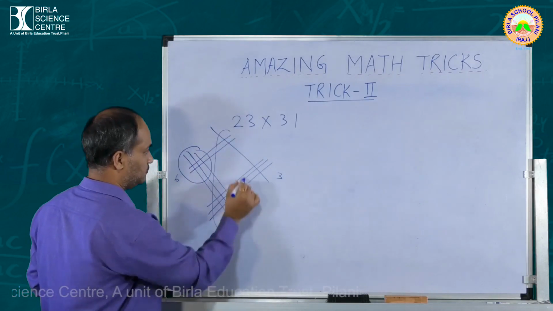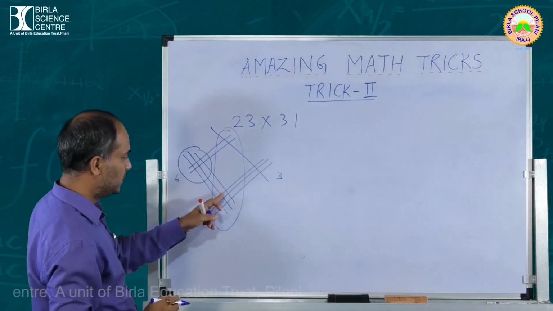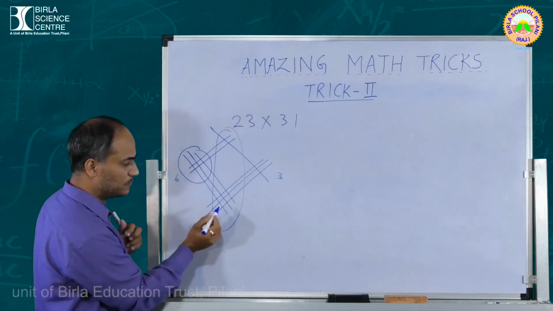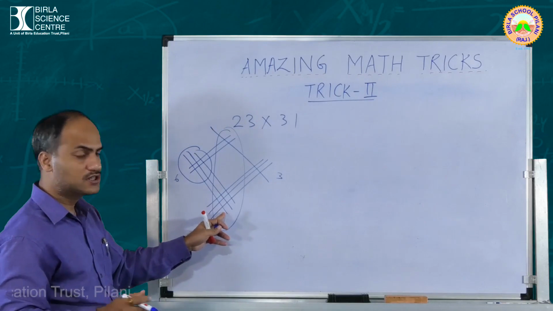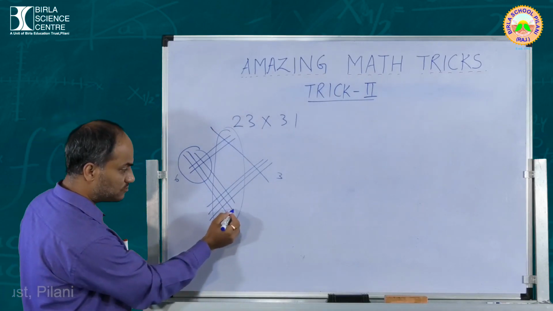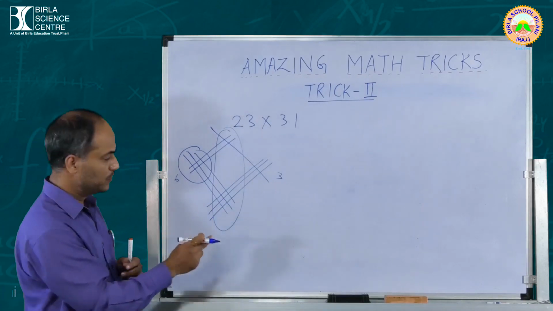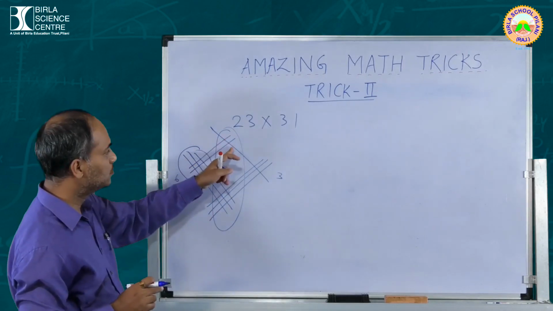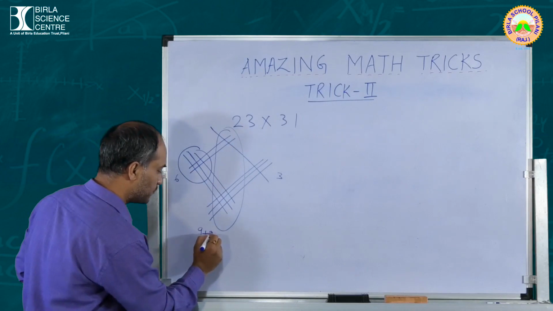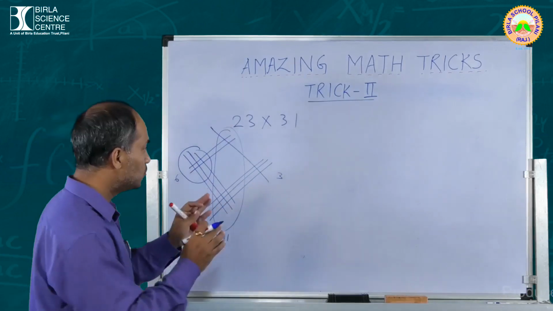Here, 2 and here, 9. Sometimes it is a little difficult to count how many points are there. So with these 3 lines and these 3 lines you can multiply. So 3 3s are 9, so 9 intersecting points are here, plus 2, so 9 plus 2 means 11. Fine. So how to write the answer?